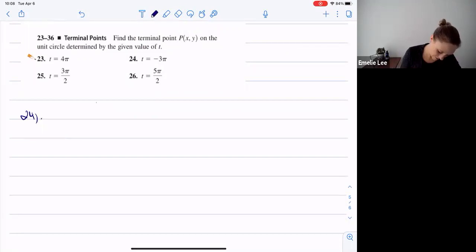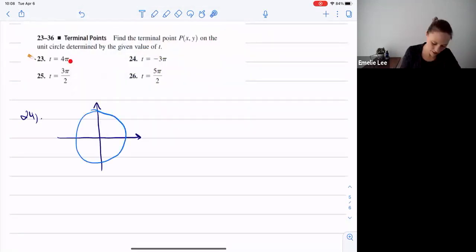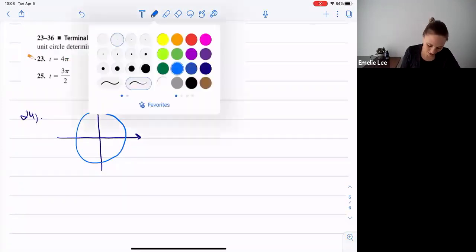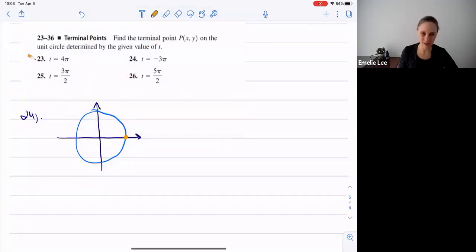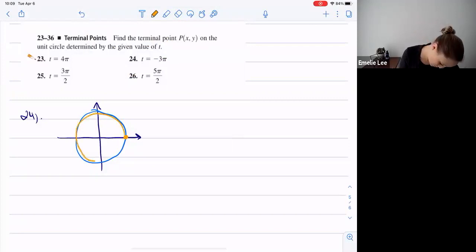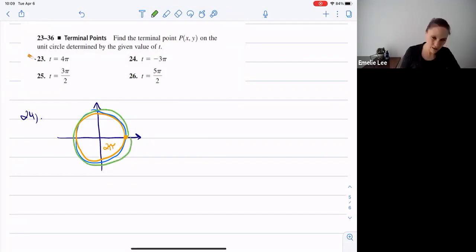So 24, if I think about my xy plane here, let's just draw a quick circle here. If I move a distance of 4 pi, well, I know that from here, if I go around once, that's a distance of 2 pi. If I go around another time, that's another 2 pi.